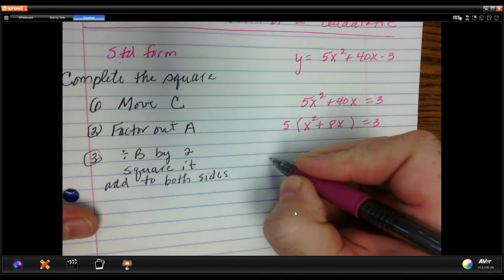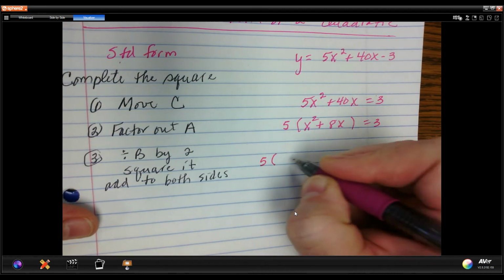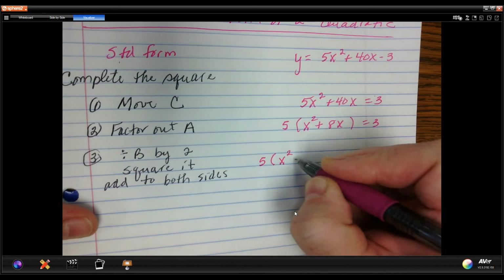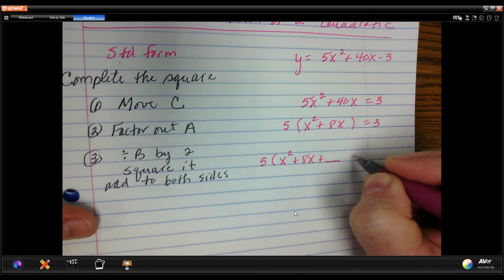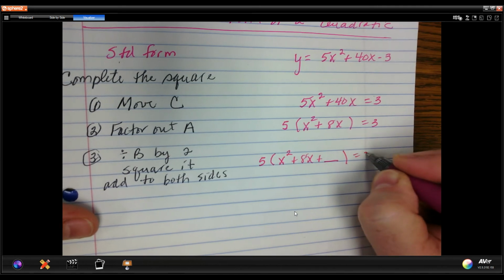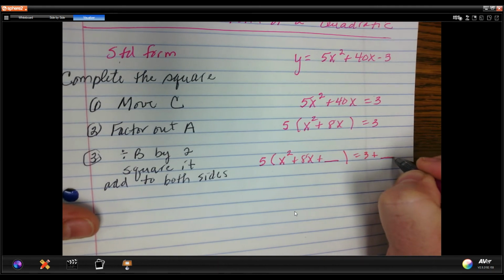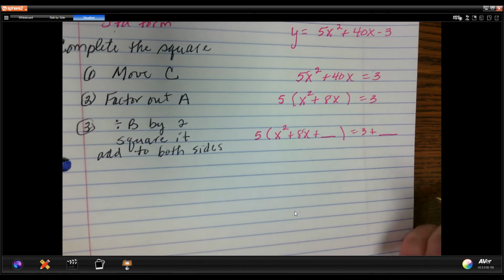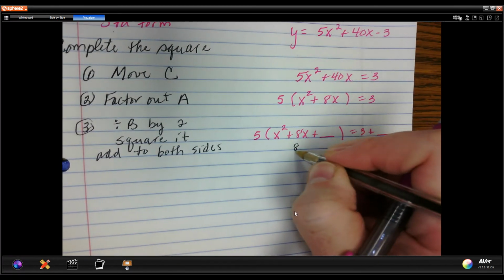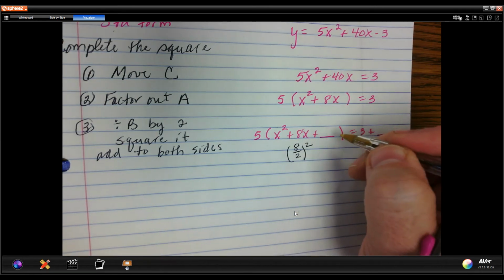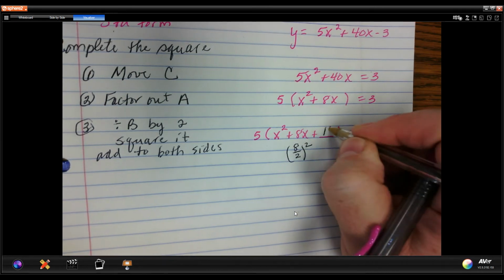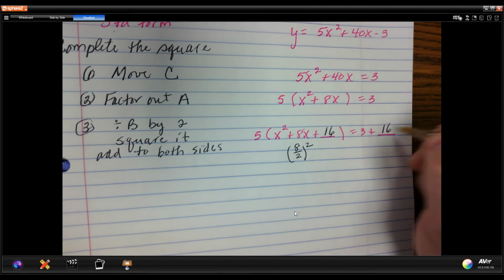I'm going to rewrite it: we had the 5, we have x squared plus 8x plus blank equals 3 plus blank. And if you recall, we took the 8 divided by 2 and we squared it, and it goes in that blank. So 4, so 16, do it to one side, do it to the other side.